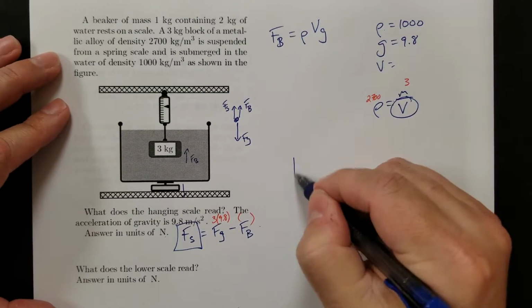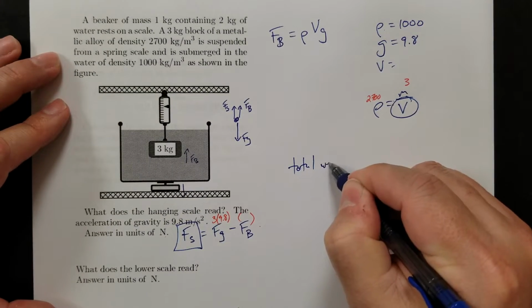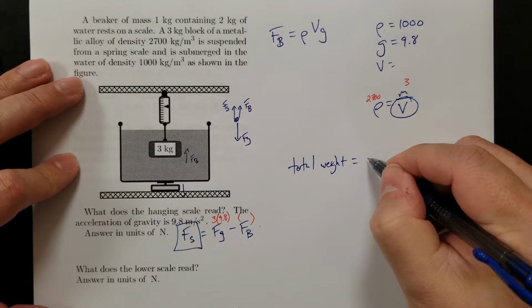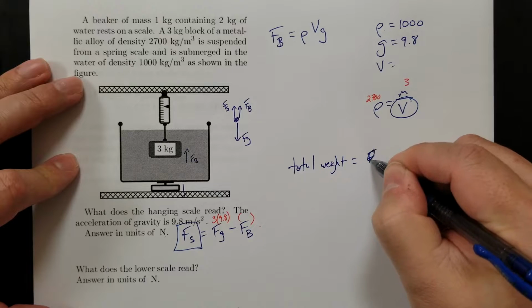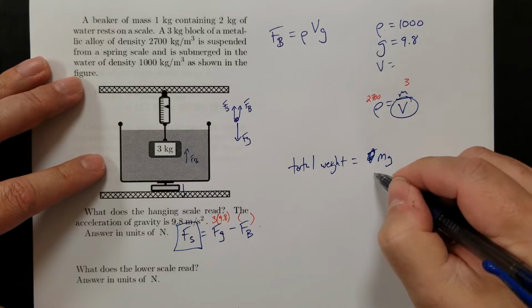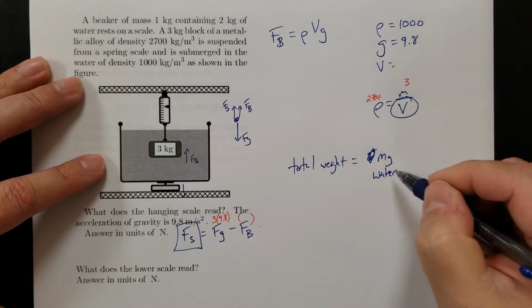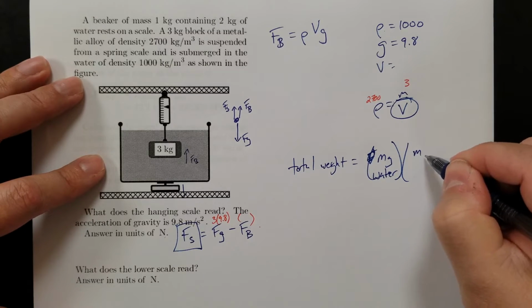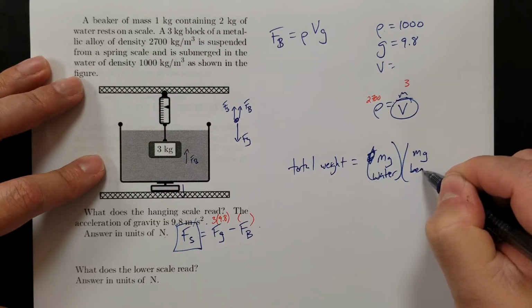So the total weight is going to equal, well, let's do it this way. mg for the water, right? Mass of water times g.